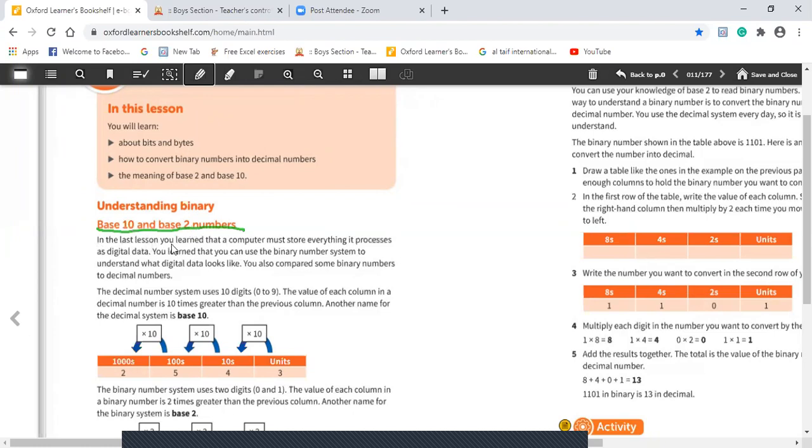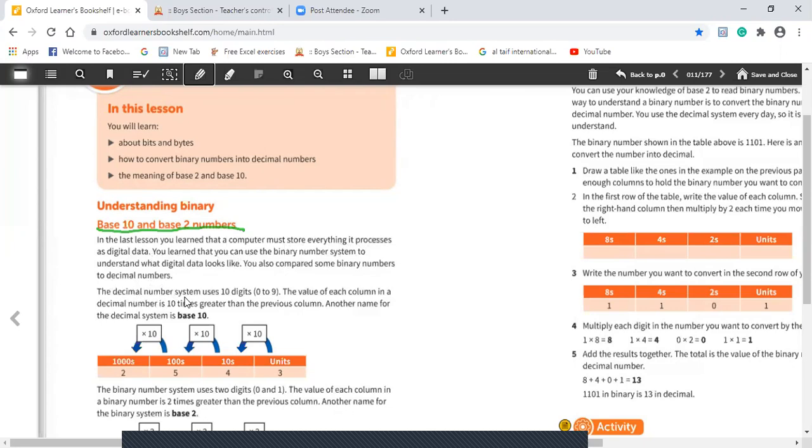In the last lesson, you learned that a computer must store everything it processes as digital data. You learned that computers use a binary number system to understand what digital data looks like. You also compared some binary numbers to decimal numbers. We took an example and also an exercise last class on how to convert the numbers.